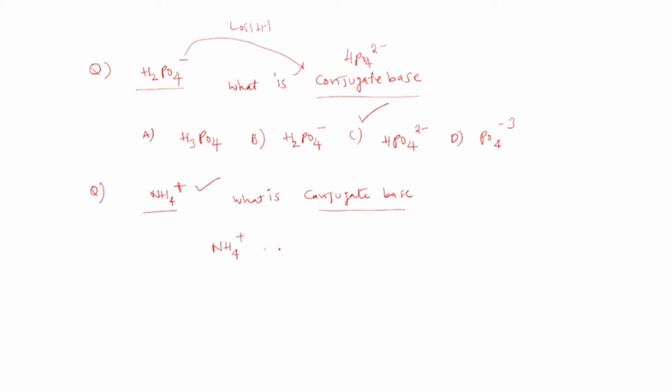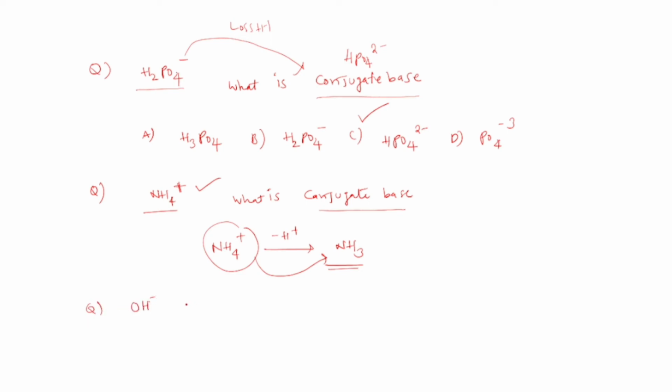NH4 plus loses one H plus and becomes ammonia. So the conjugate base of ammonium is ammonia.